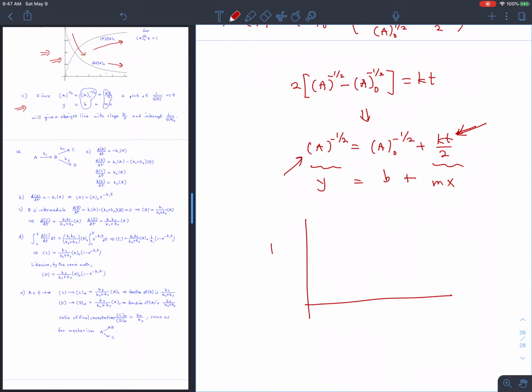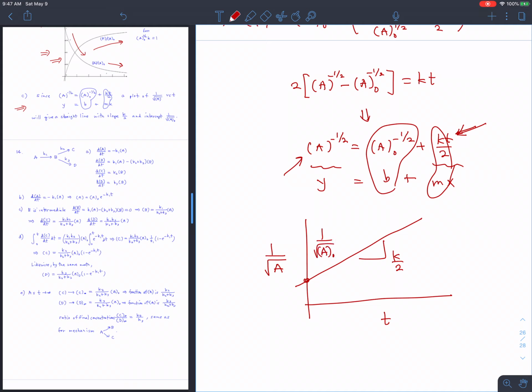And the slope of that straight line should be k over 2. And the intercept of that straight line should be 1 over the square root of A0. And I think that is everything for this problem.